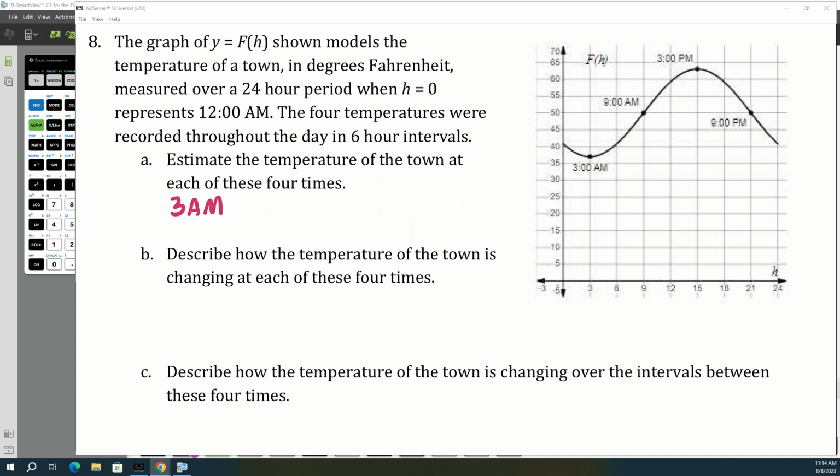So at 3 a.m., I would say that's about 37 degrees Fahrenheit. 9 a.m. is 50.